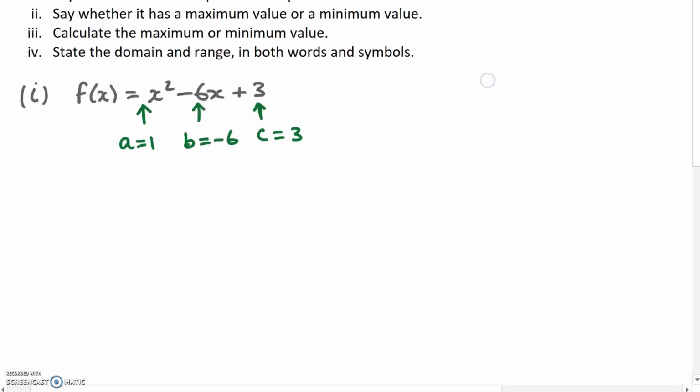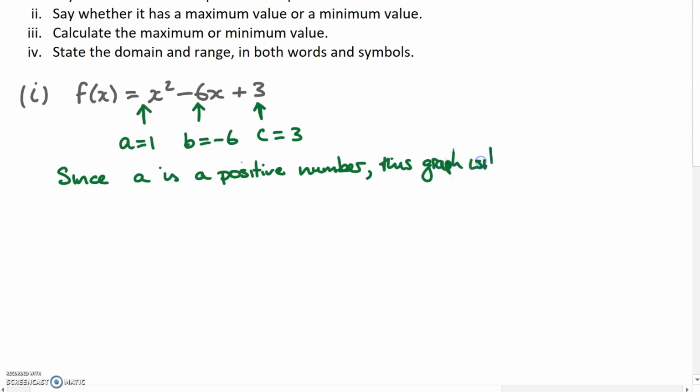Okay, well now, since a equals 1 is a positive number, this graph will be U-shaped. Okay.